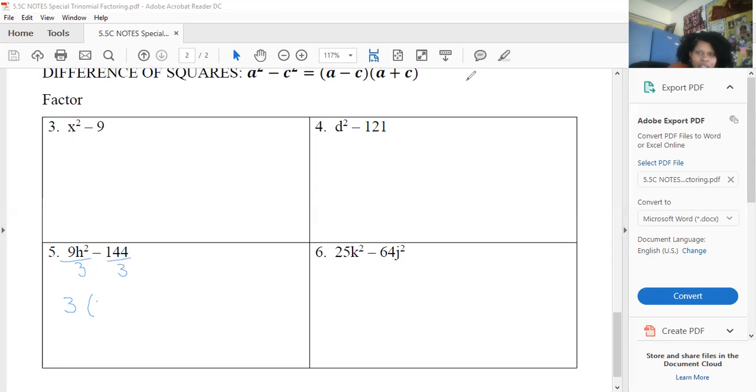I'm sorry, I'm messing this example up. 9 goes into both of them, so your GCF goes on the outside. 9 goes into 144 sixteen times, and into 9 one time.